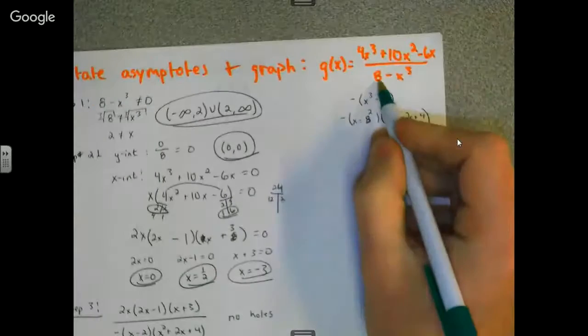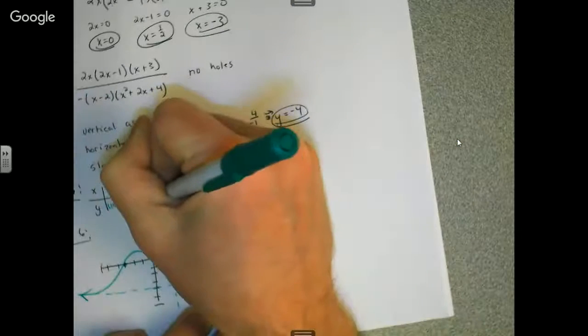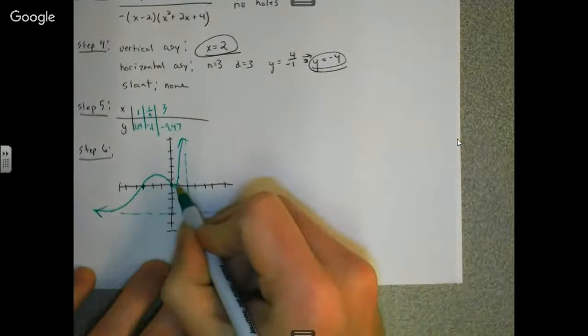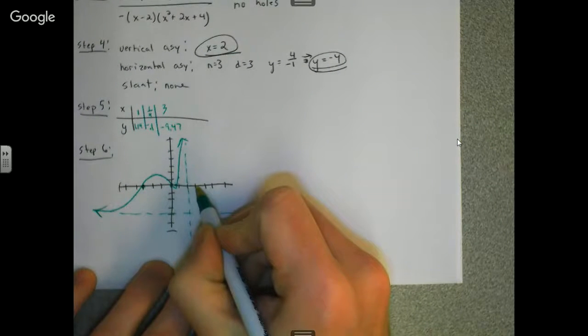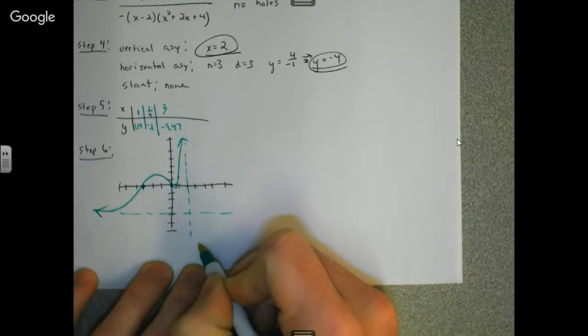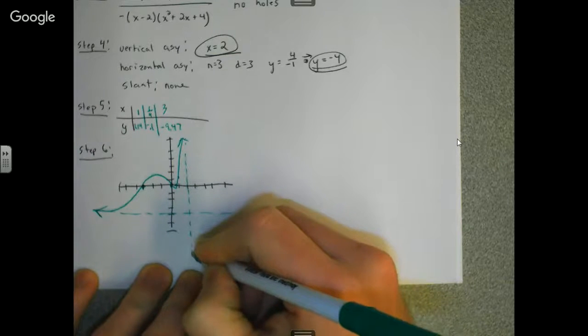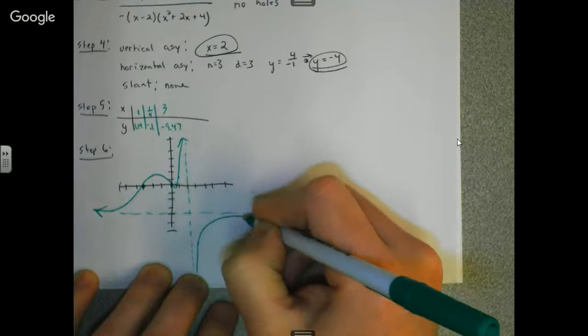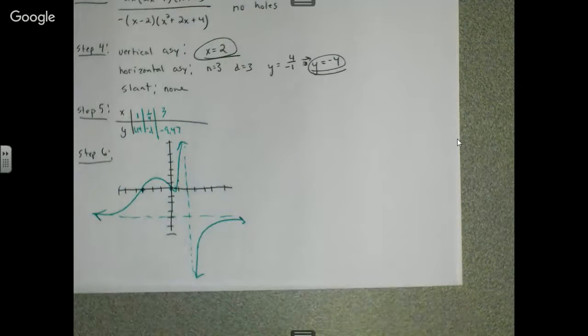If I plug in 3 into this up here, just put it into the calculator real quick, you get minus 9.47. So at 3, I'm down here somewhere, about there. So I still have this vertical asymptote, so I'm approaching here, and I'm approaching here. Again, this is just a sketch.